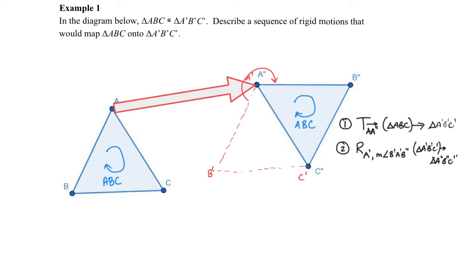Another way to do it, which gives us a little bit more leeway that you might like better, is to just describe it. That would look more like this. First, translate triangle ABC until A maps to A double prime.